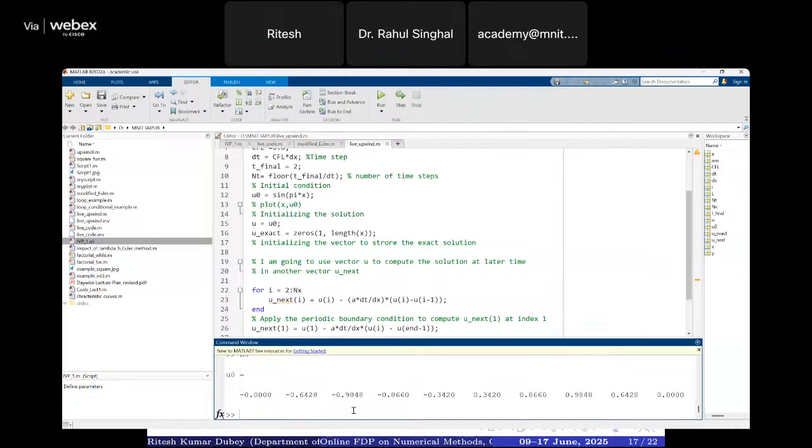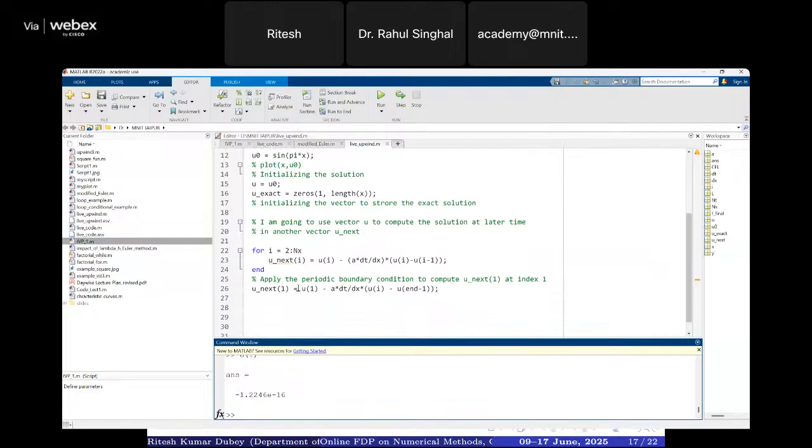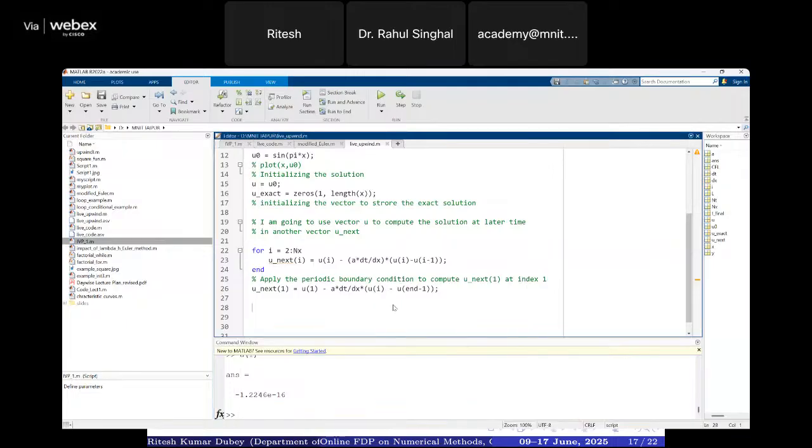MATLAB starts indexing from 1, so if I write u0 here, it will throw an error. If I'm running the loop from 1 and put u1 minus 1, I will get 0. So instead of that, I am just using the value from the right boundary, the first value just before the boundary. It is difficult to tell here, but yeah, this is it.